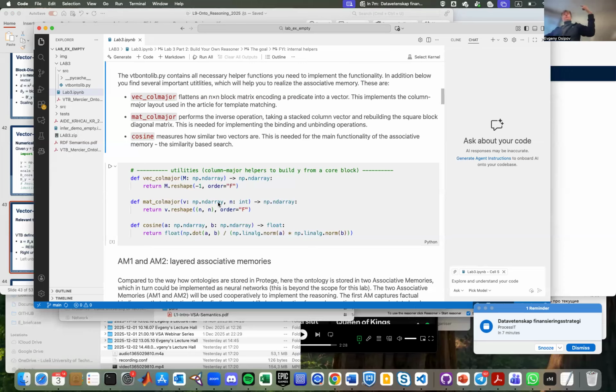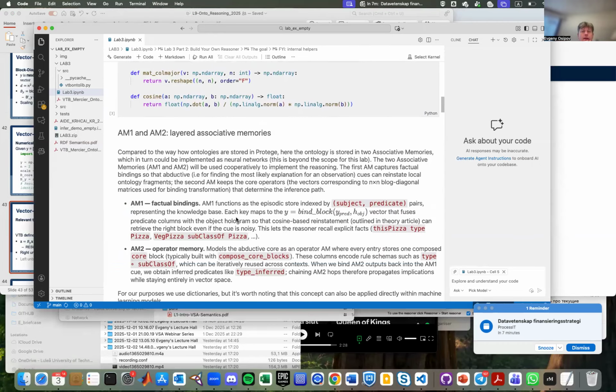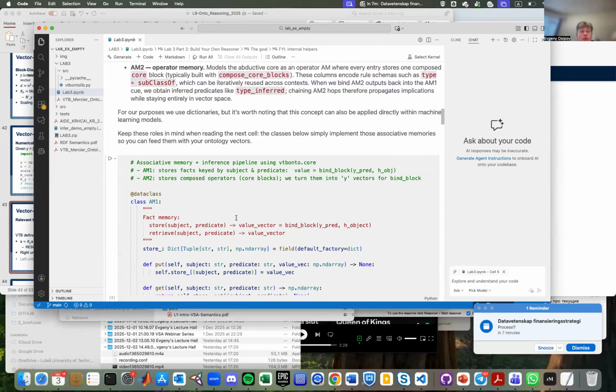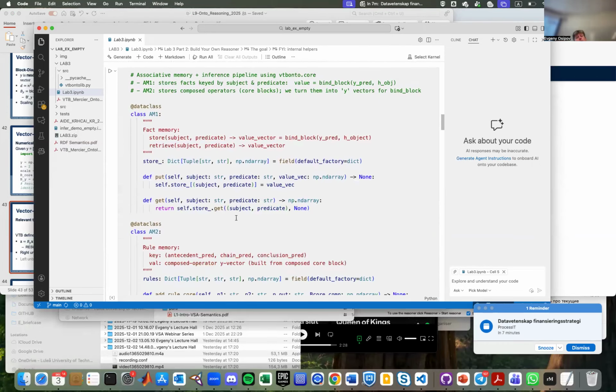So by knowing the key, you retrieve associations. That's the meaning of associative memories. And you will have two of them.